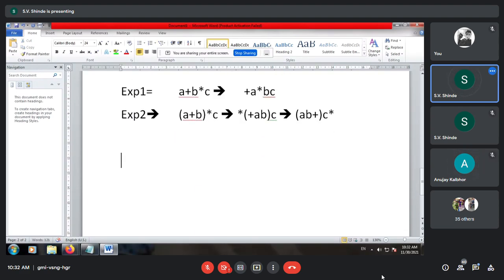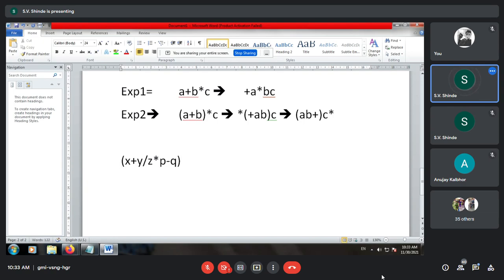So now let us give you a simple expression, and you try to evaluate its prefix and postfix. The expression is x plus y divided by z multiplied by p minus q.